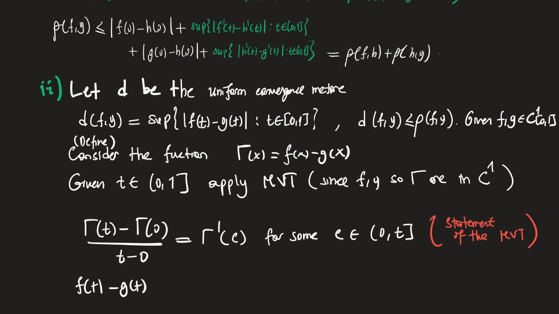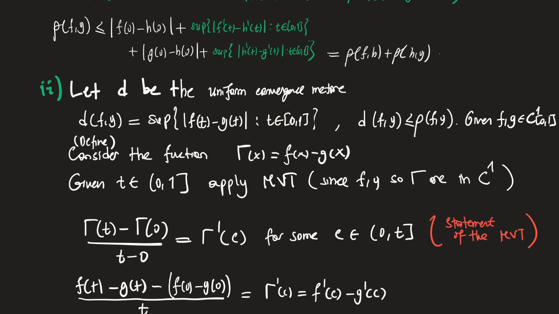Minus (f(0) minus g(0)) divided by t is equal to gamma prime of c, or f prime c minus g prime c.